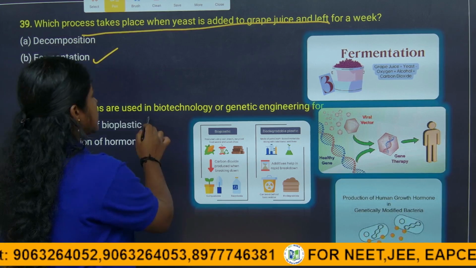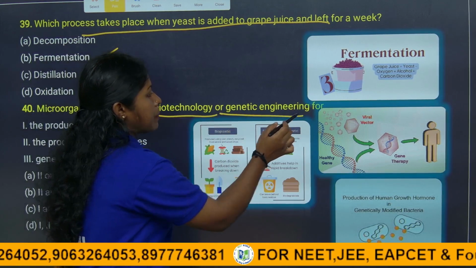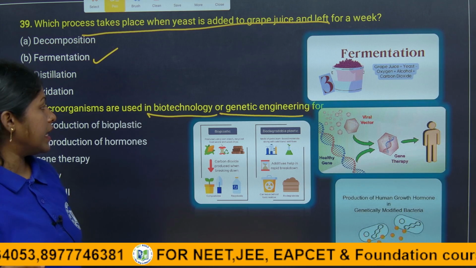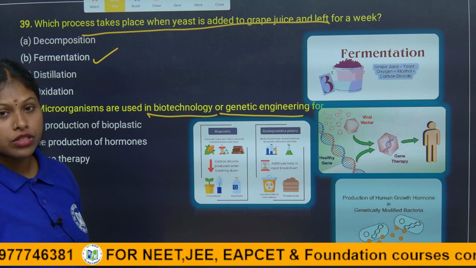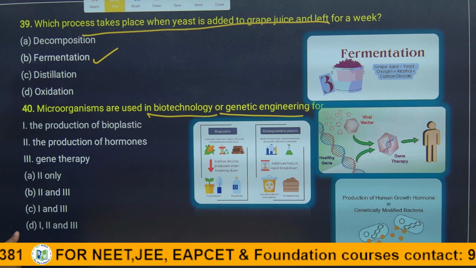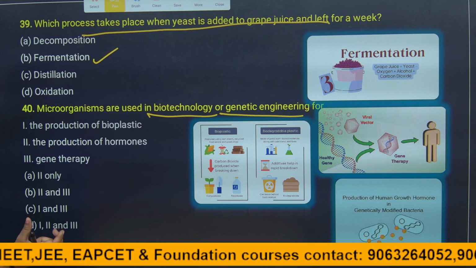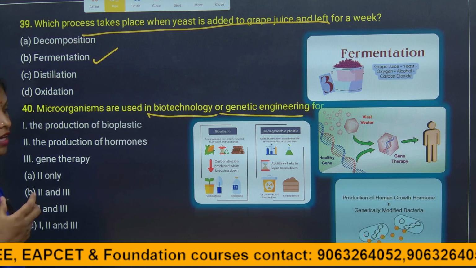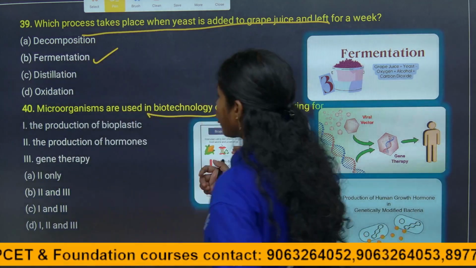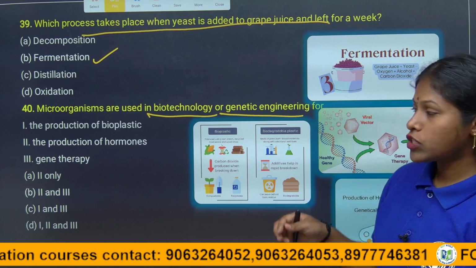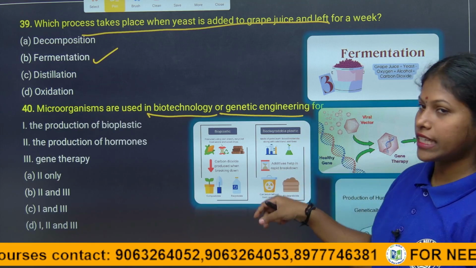Mainly the biotechnological processes are useful. They are asking why microorganisms are used in biotechnology or genetic engineering. It is for the production of bioplastic, the production of hormones and gene therapy. So let's see what gene therapy is.